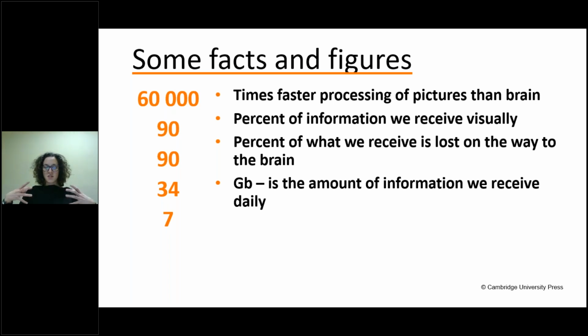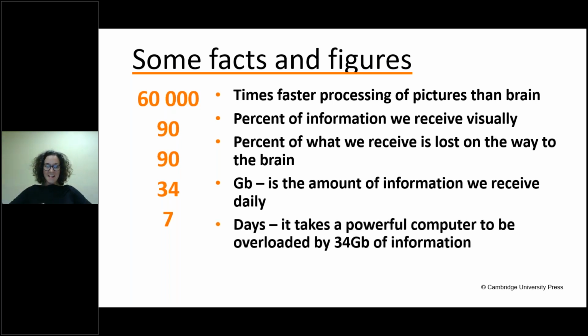And this is 34 gigabytes. And 7 is the number of days it takes a powerful computer to be overloaded by these 34 gigabytes of information. But of course, a computer processes all this information. We process only 10% of all we get, and usually we choose what to process.